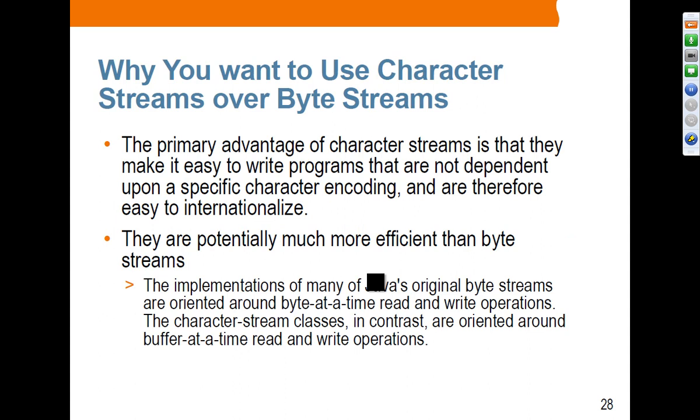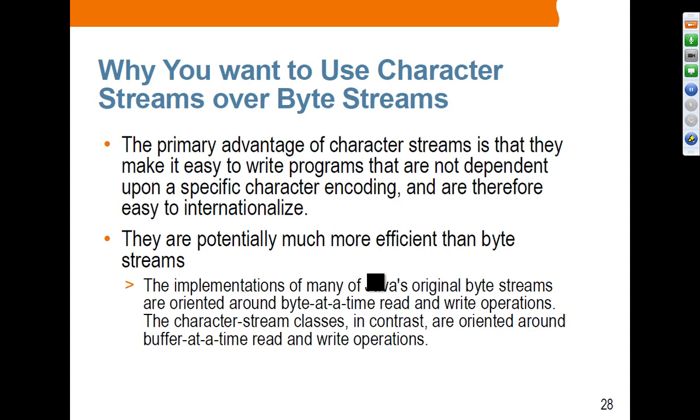All right, so why would you want to use a character stream over a byte stream? The primary advantage of using character streams is that, if you are writing an application that is supposed to be internationalized, okay, I mean, that's always the case, right? Then the character encoding and decoding are handled by these character streams, okay? So you don't have to do the encoding and decoding yourself, okay?